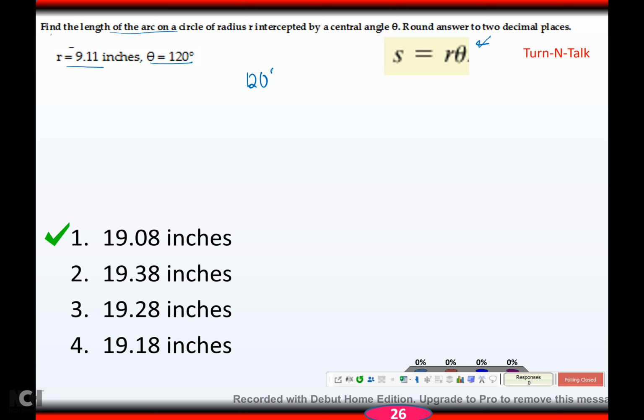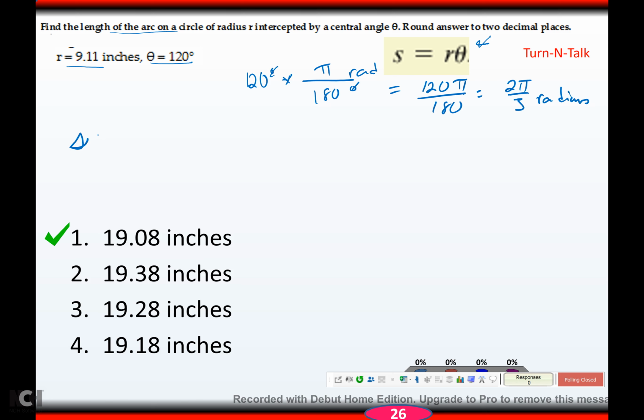So if I turn 120 degrees into radians, get rid of degrees, go to radians, pi radians, 180 degrees, degrees cancel, I end up with 120 pi over 180. 120 divided by 180, math, enter, you end up with 2 pi over 3 radians.